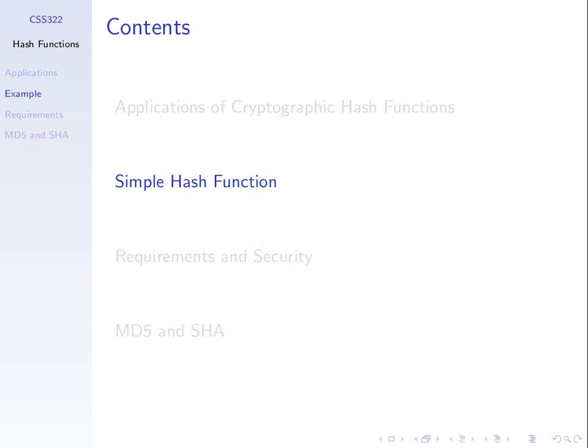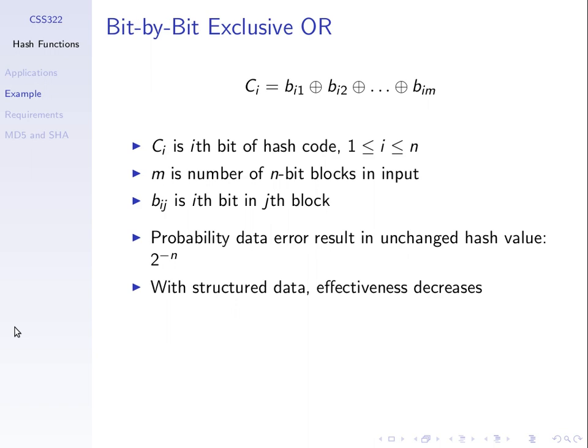There are different hash functions available. I'll show you some on the computer in a moment. A very simple algorithm is using an XOR on the bits of the message.